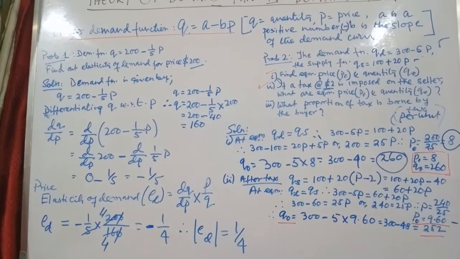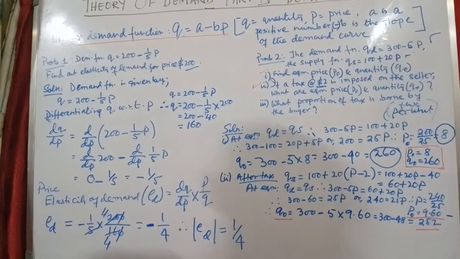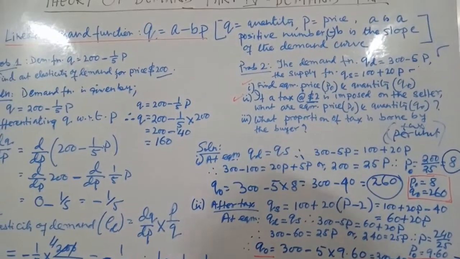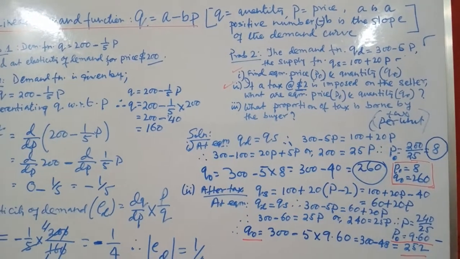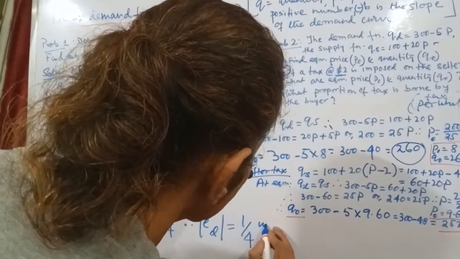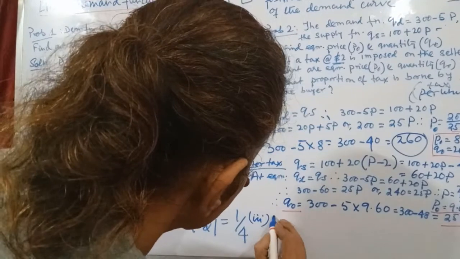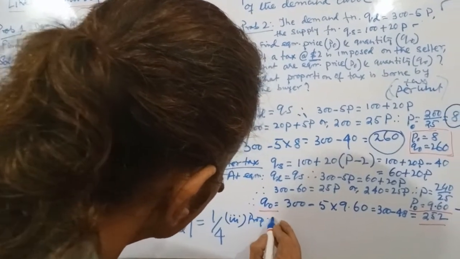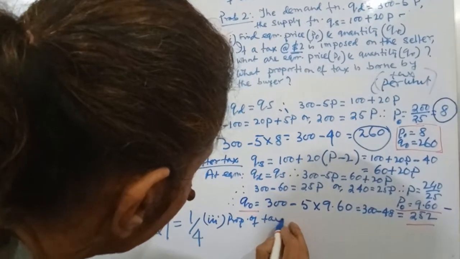Now let us come to part 3. What is part 3? What proportion of tax is borne by the buyer? This is proportion of tax.